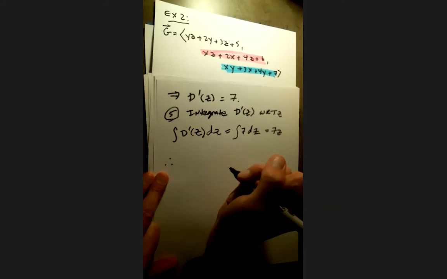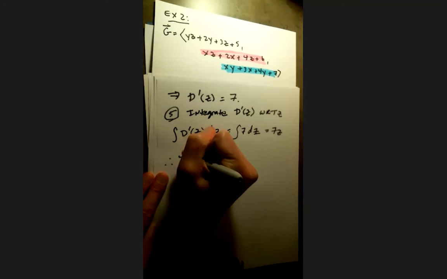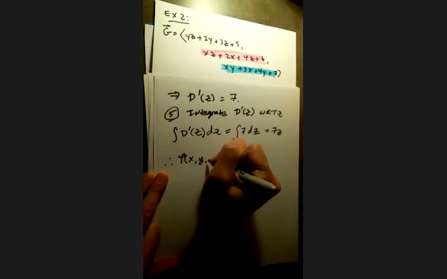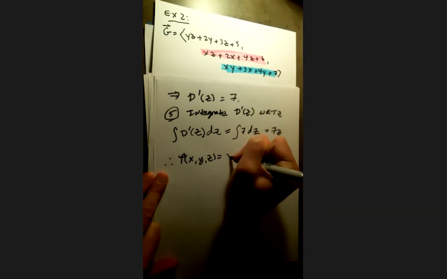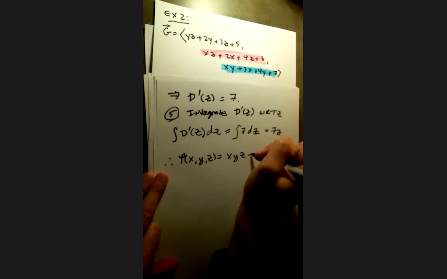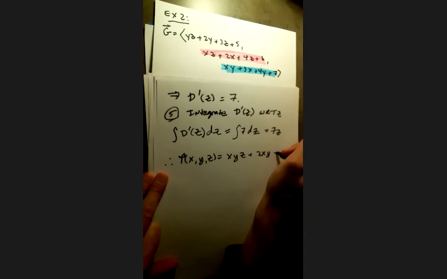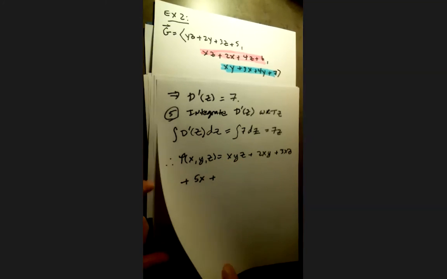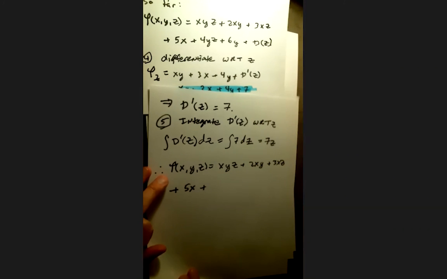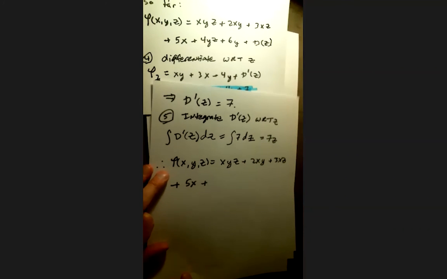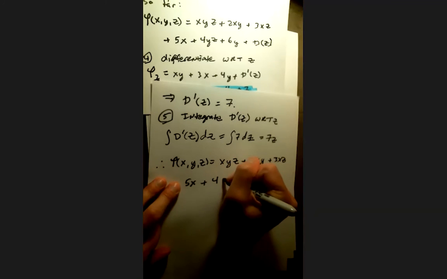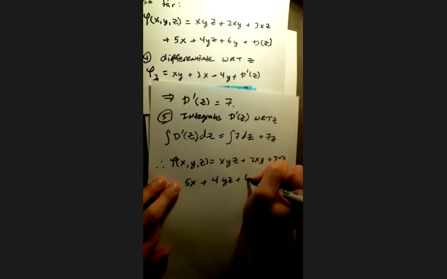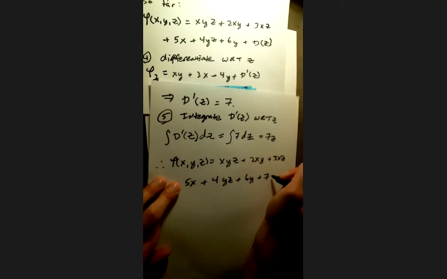So this allows us to put everything together all at once. We get that phi of xyz is equal to xyz plus 2xy plus 3xz plus 5x plus 4yz plus 6y plus 7z.